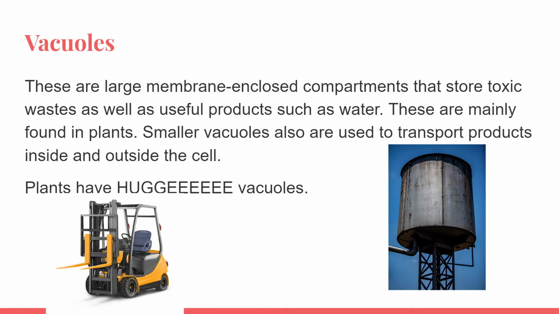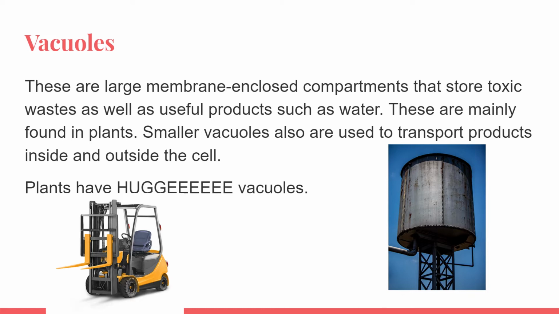Next, we got the vacuoles. Vacuoles are sort of like a double thing. First, vacuoles store toxic waste as well as useful products such as water. They're like water tanks, and they're mainly found in plants. You'll see later what we mean about that. Smaller vacuoles are also used to transport products inside and outside the cell.